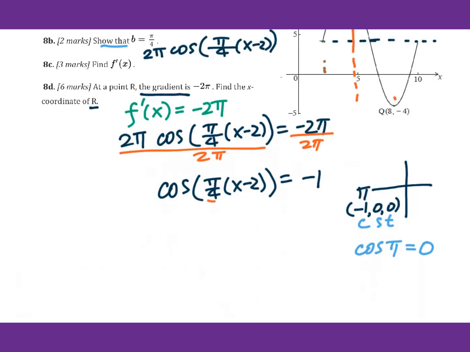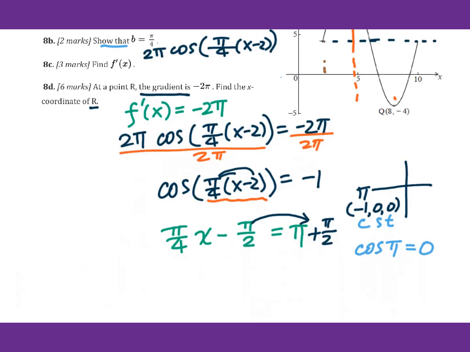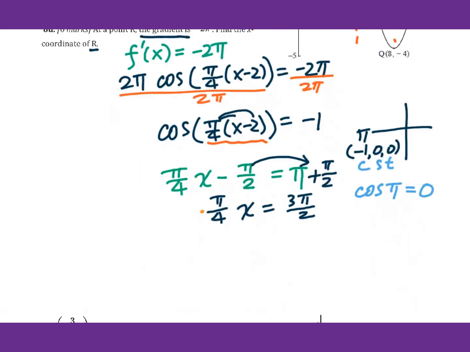Therefore, you will set up the inside. Let's do the distributive property first. You will get pi over 4x minus pi over 2 equals pi. Add pi over 2 both sides. You get pi over 4x equals 3 pi over 2. Then multiply by 4 both sides.